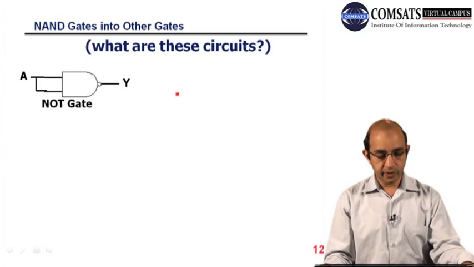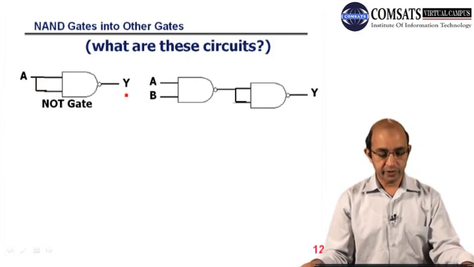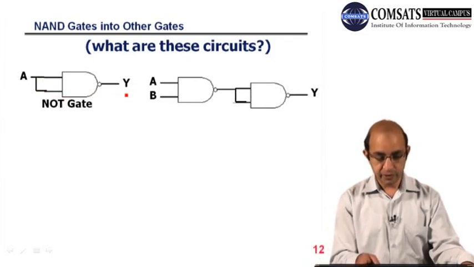If I want a NOT gate, you can see that I have joined the two inputs, and I have the NOT functionality. I will be using the laws or axioms which I have mentioned before.